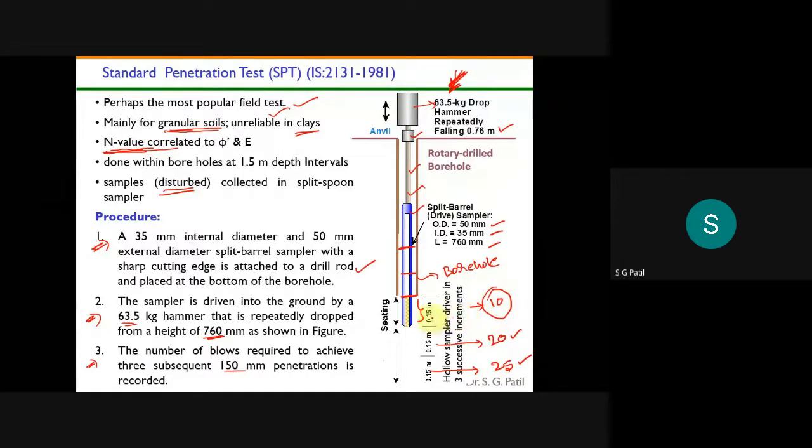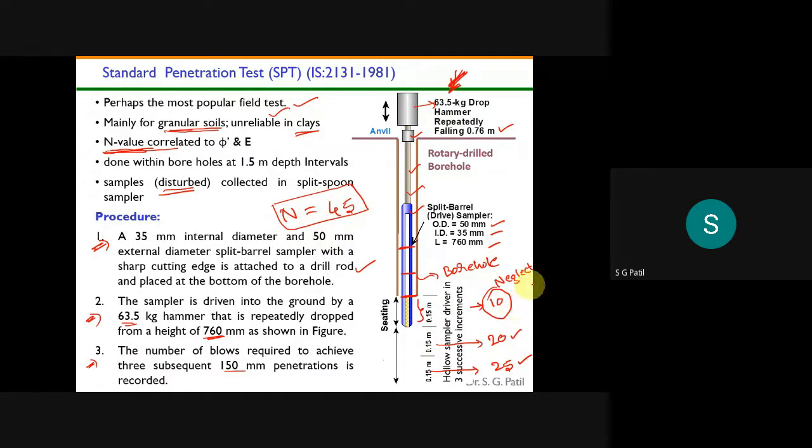That means for the first 15 centimeter penetration, whatever number of blows there are, you neglect it. You count only 20 plus 25, around 45. So 45 blows are required for the penetration of this sampler, and now my N value is 45.